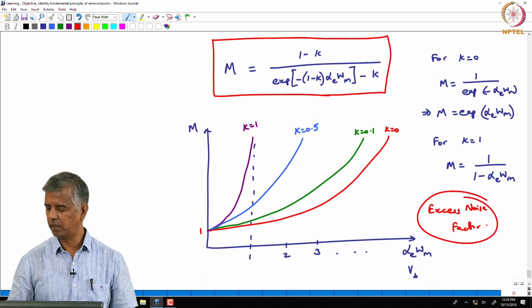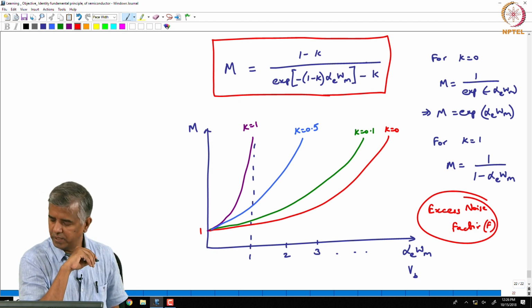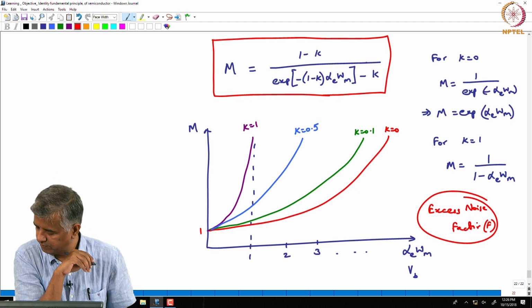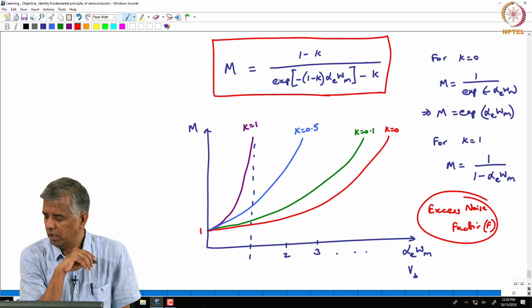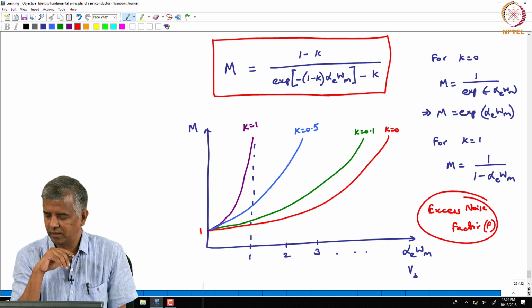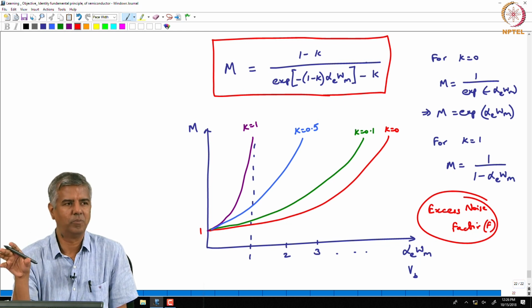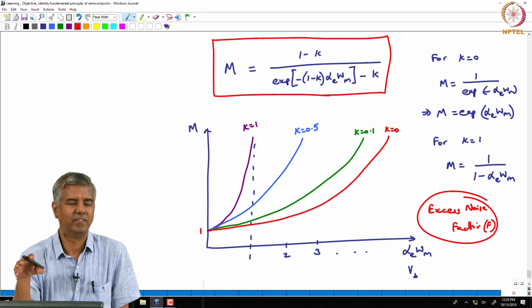So, we need to consider this excess noise factor, which we can represent as F. Why do we call it excess noise factor? That is to say that inherently in the photodiode you are going to have some noise.